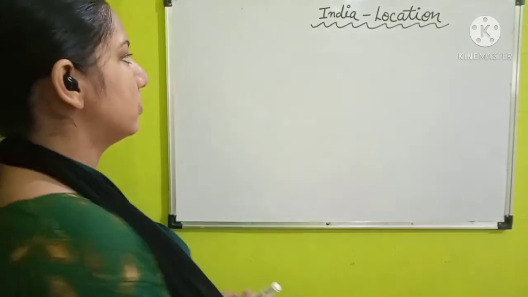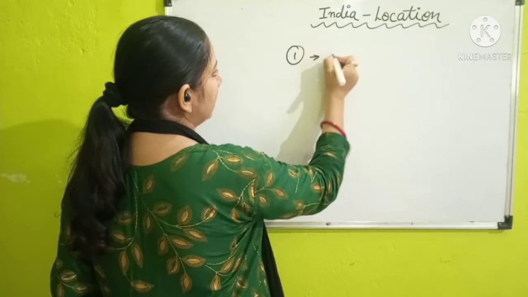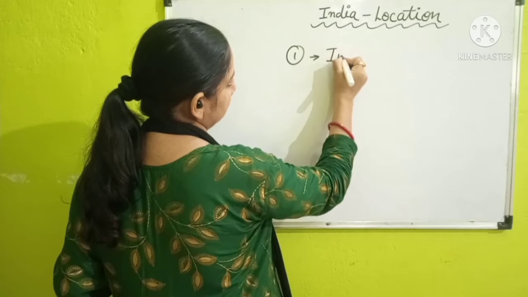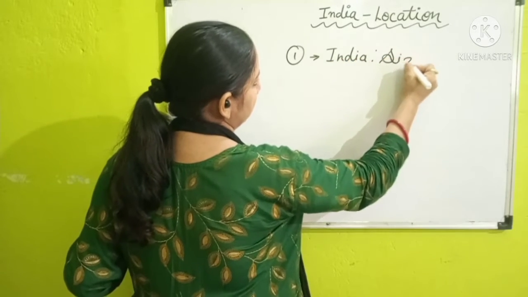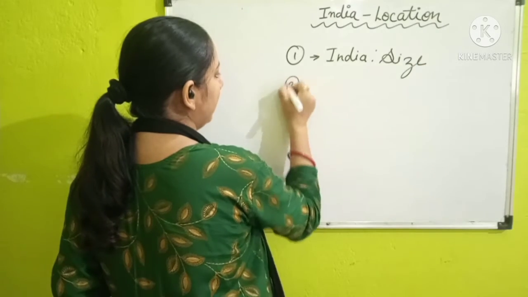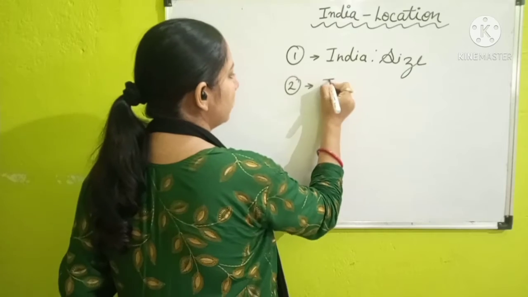So let's see what topics we are going to study today. At the very first, we will study the size of our country, and in the second part, we will see the location of our country.